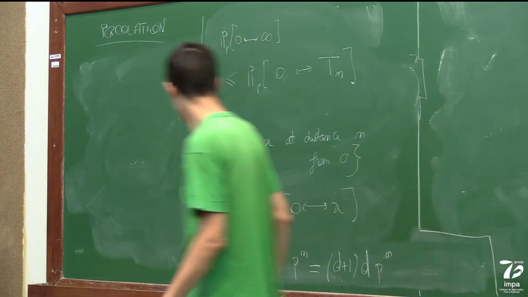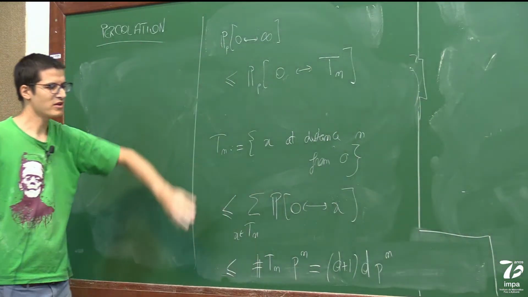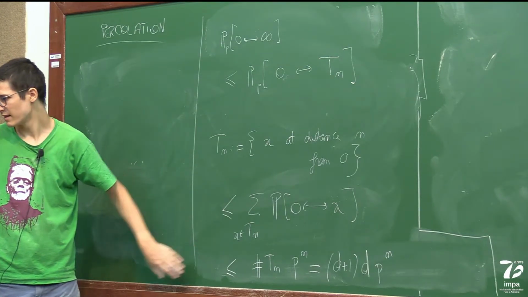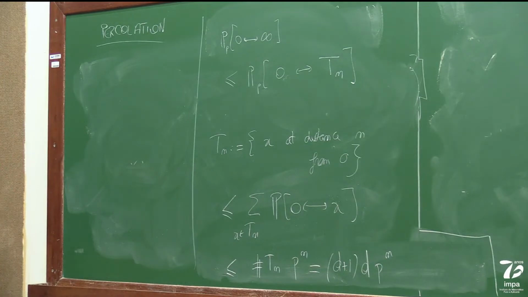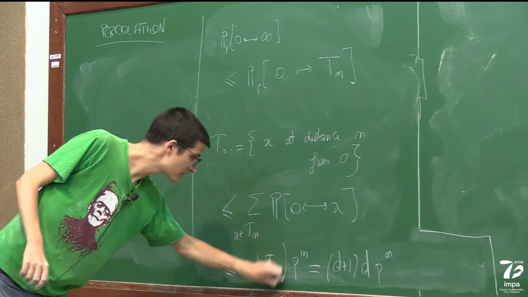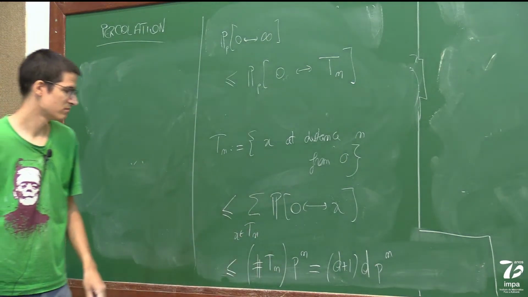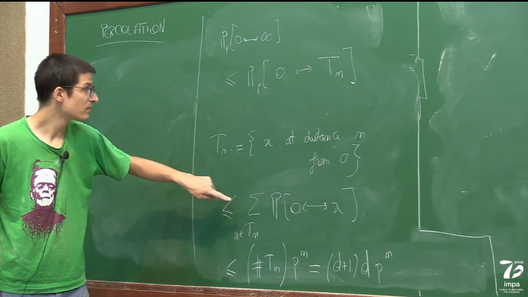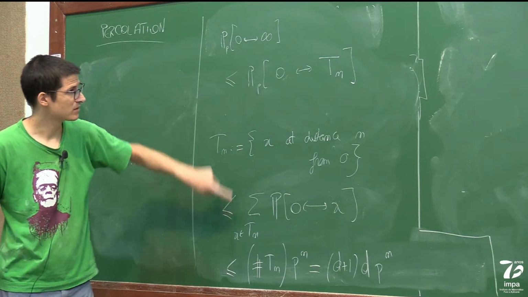So now I want to show that we have not made some large overcounting when we did this. The idea is basically that taking the sum here is not such a bad idea.